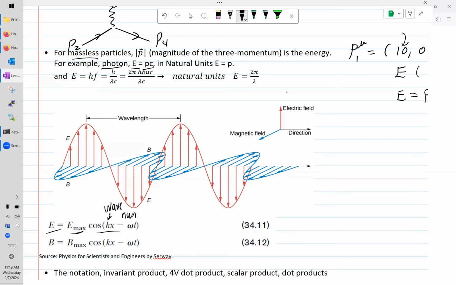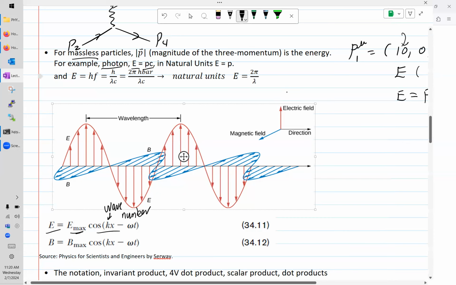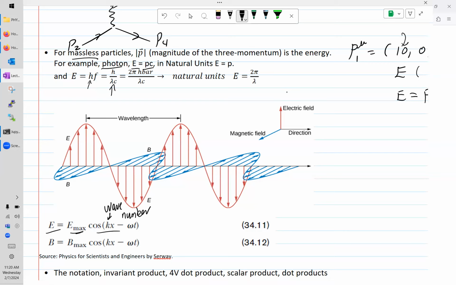It's very unintuitive what a wave number means, but in natural units, it's actually pretty intuitive. If we go back to here, the energy of a photon is hf, Planck's constant times the frequency of that photon. If you're interested in wavelength, it's just hc over lambda, where I'm using the fact that the speed of light is lambda times f, and then you solve for f and put that in there.